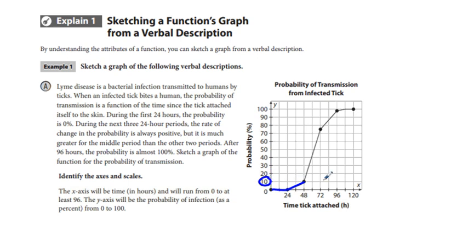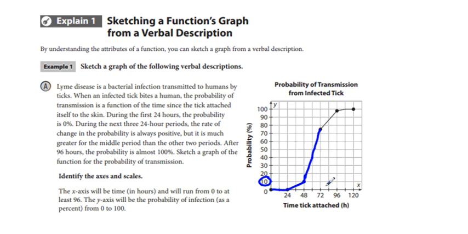probability of infection. And from 48 to 72 hours, we have a huge increase from 10% probability all the way up to about 75% probability. So this steepest portion is where our slope is the greatest.